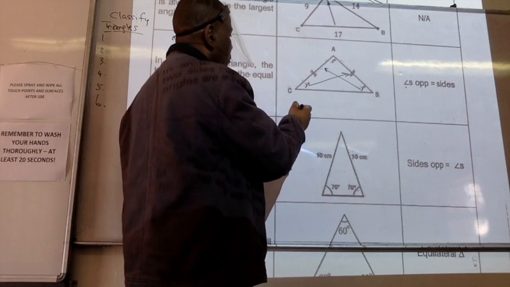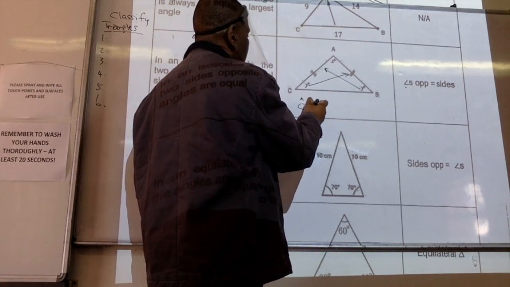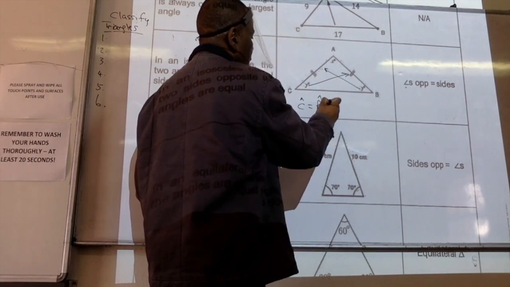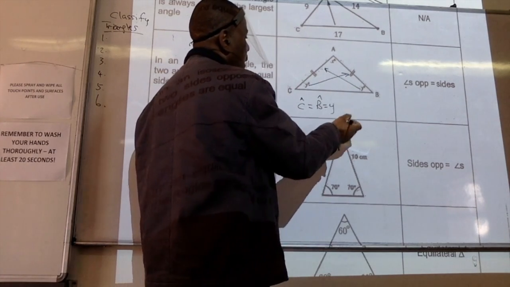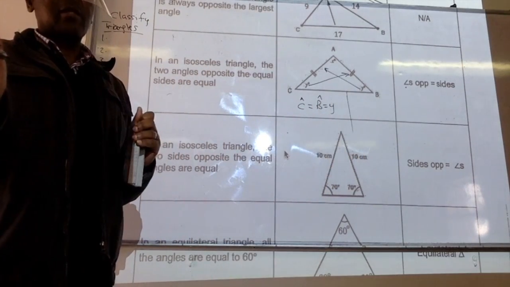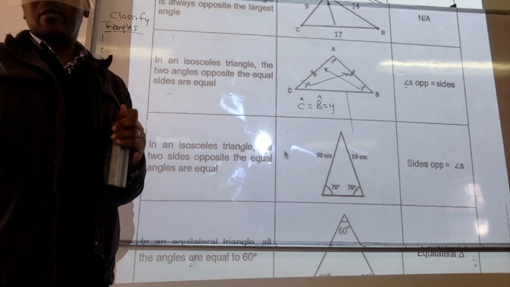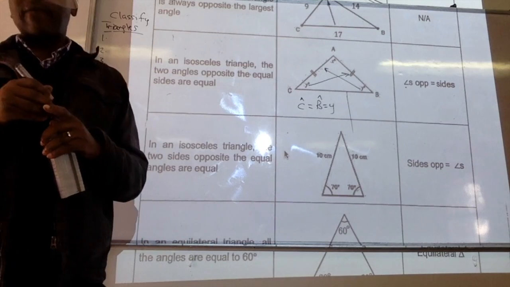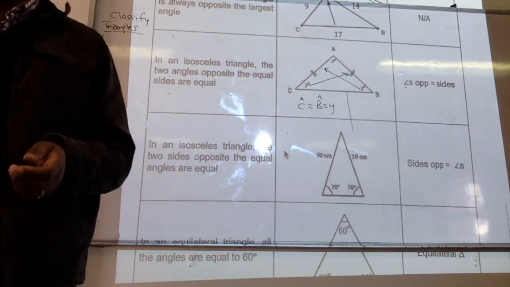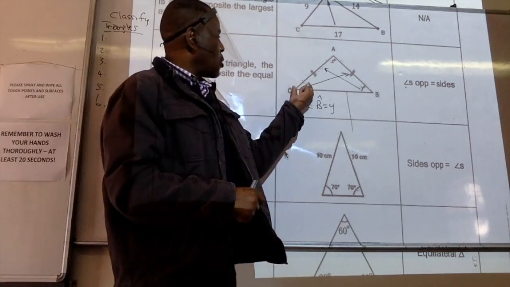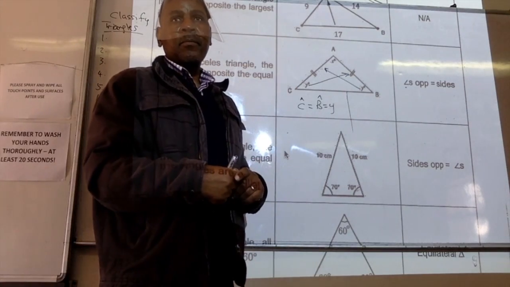So if you are going to say angle C is equal to angle B, which means these two angles here, which are obviously equal to y, then what reason are you going to give me? I no longer want you to say base angles because I think I'm tired of that. So don't say base angles. You can say that, I won't penalize you, but I won't be happy. So what do you say now? Why are we saying these two angles are equal to each other?